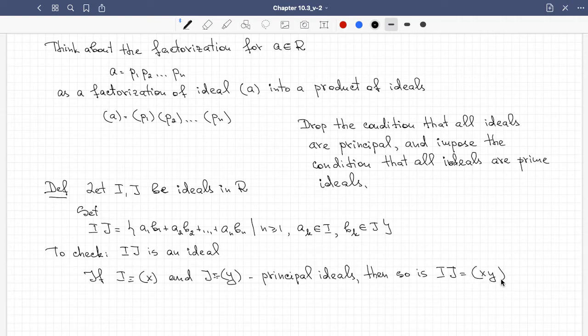That is also an easy to check statement. You can do it on your own.